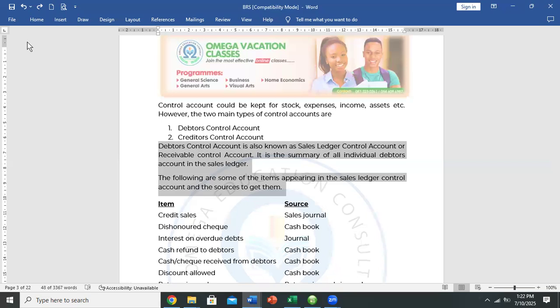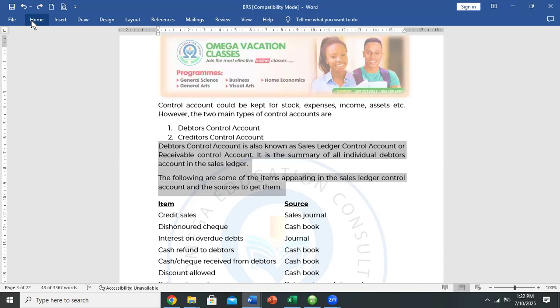So, professors, the first type we are looking at is the debtors control account. And we are saying this control account is also known as the sales ledger control account, simply because when you open the sales ledger, you find the account of debtors, and we know who debtors are.